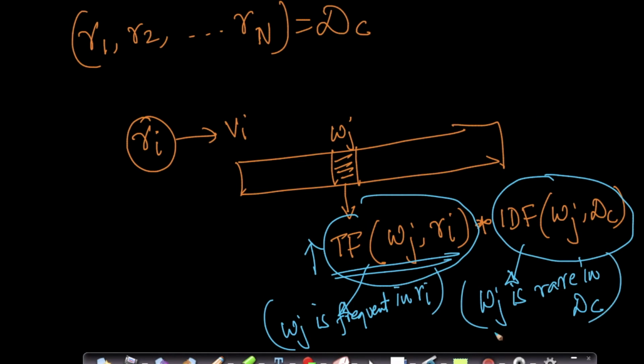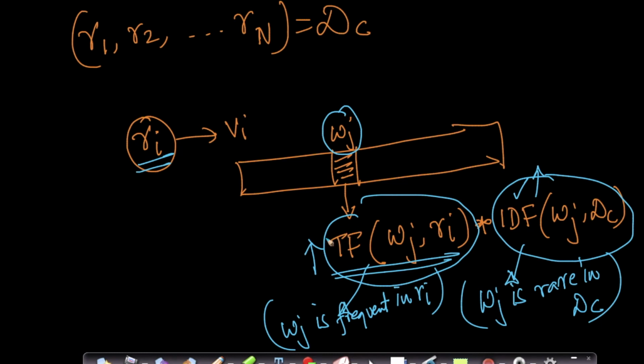So in a nutshell, what we are doing here is giving more weightage to words which are rare in my document corpus, and more weightage if that word occurs a lot of times in my review Ri. That's why it's called inverse document frequency. Because if a word is rare, as the word inverse says, its inverse document frequency is going to be higher. Here, if a word is more frequent, it's basically term frequency.